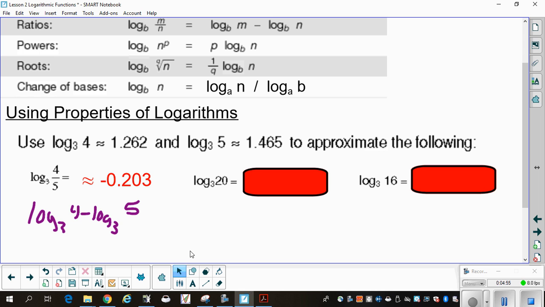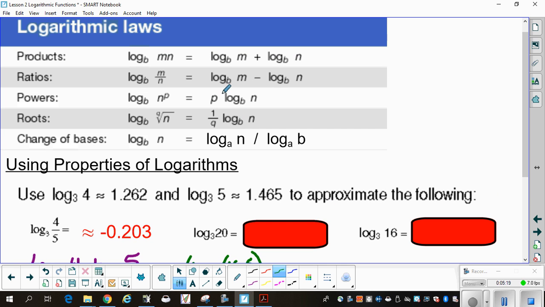0.203. What I have to do is look at log base 3 of 20. How can I rewrite this so that I use 4 and 5? Well, I can do that as log base 3 of 4 times 5, right?